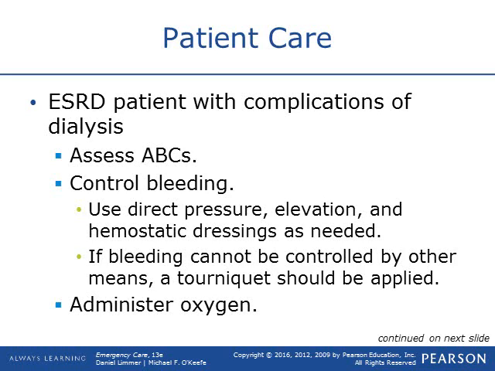If you do have any issues with that, ABCs: control the bleeding, lots of direct pressure, elevation, and use any kind of hemostatic dressings if need be. If the bleeding can't be controlled by direct pressure, then you go to a tourniquet. But most of the time, just a lot of good direct pressure will control that bleeding.